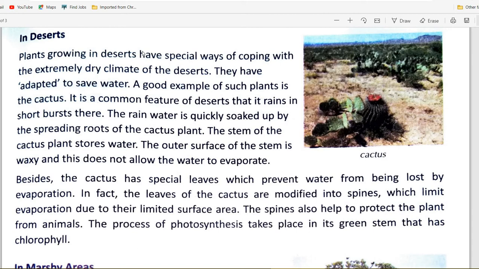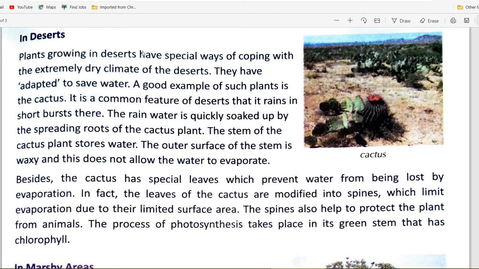But in spines, because they are not having stomata, the evaporation is lesser in these type of plants. And the stem of cactus prepares food for it, because it is green in color, means we can say chlorophyll is present in the stem of cactus, and the process of photosynthesis takes place in cactus.